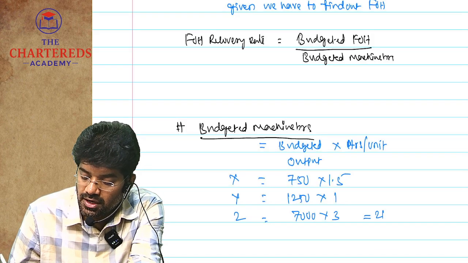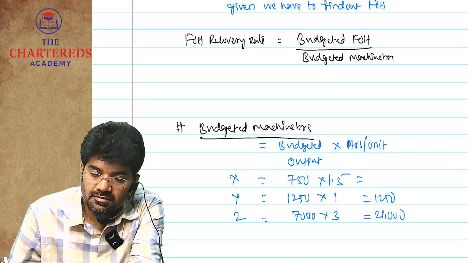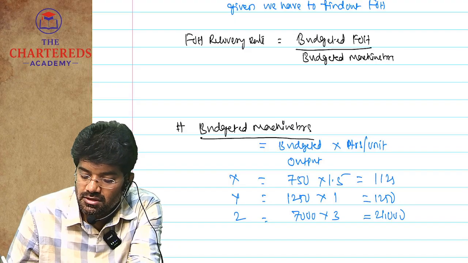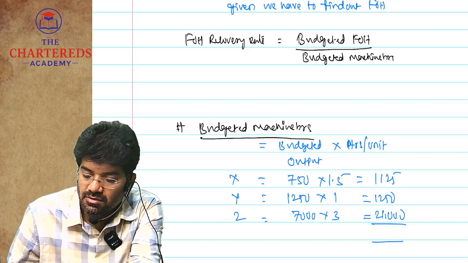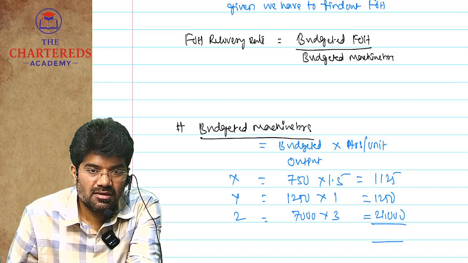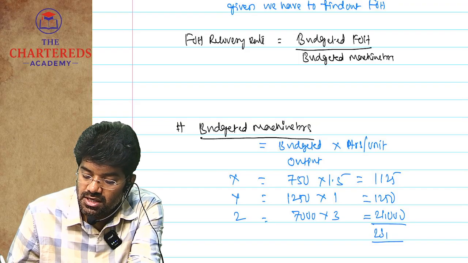So this is 21,000, this is 1250, and this is 1124. So total machine hours is 23,375.